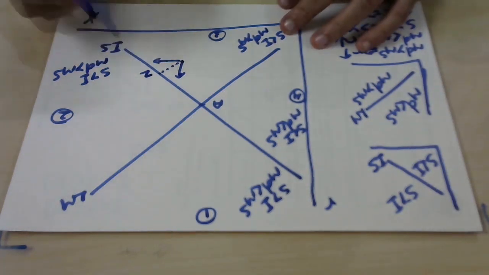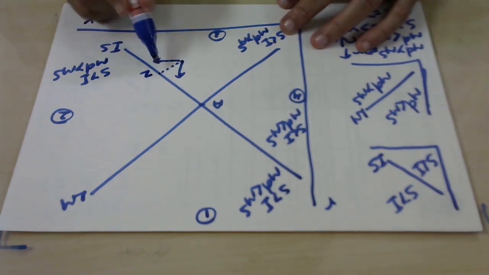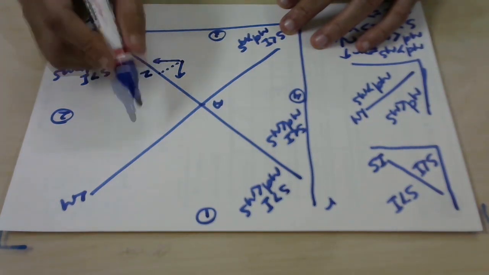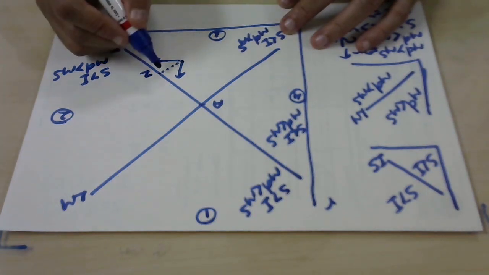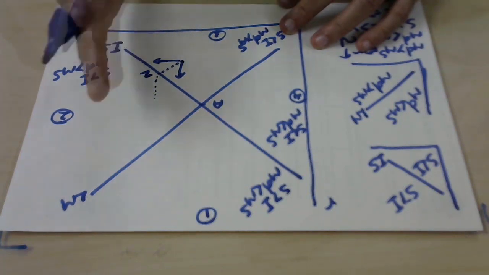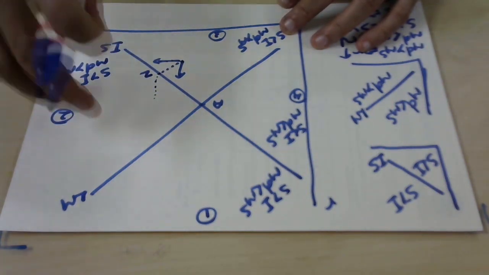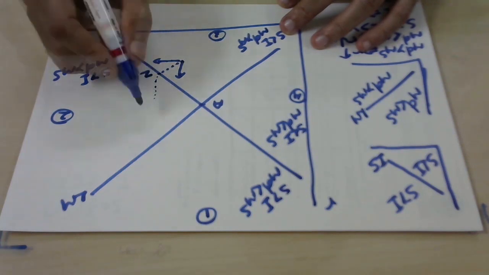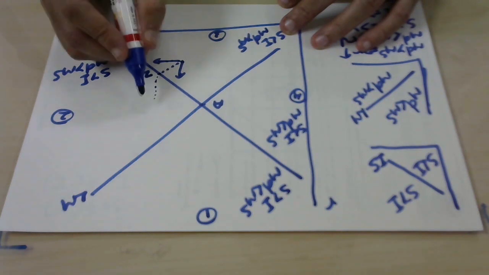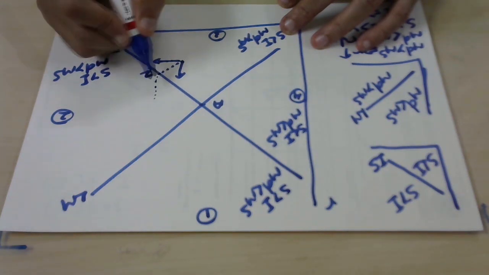Now what will happen if you are at point Z? You are on the IS curve, so saving is equal to investment, but money demand is not equal to money supply because you are not on the LM curve. So because money demand is not equal to money supply, interest rate will have a tendency to go up. That means you will come in quadrant 2. In quadrant 2, money demand is greater than money supply, so interest rate will have a tendency to go up.